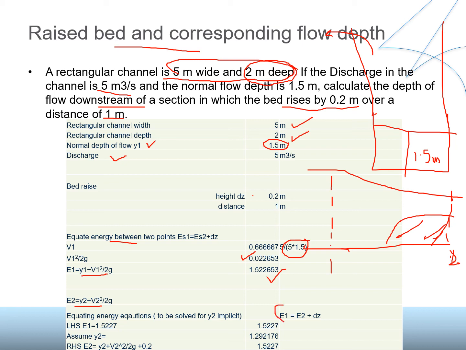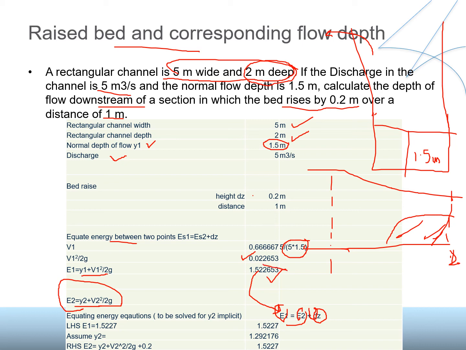So energy at section 1 should be energy at section 2 plus whatever is the height of the raised bed. Now energy at section 1 is known, which is 1.522. Energy at section 2 is unknown, but we know this is y2 plus v2 square over 2g, and we also know this dz value, right? Now we can use this equation to solve for the water depth.